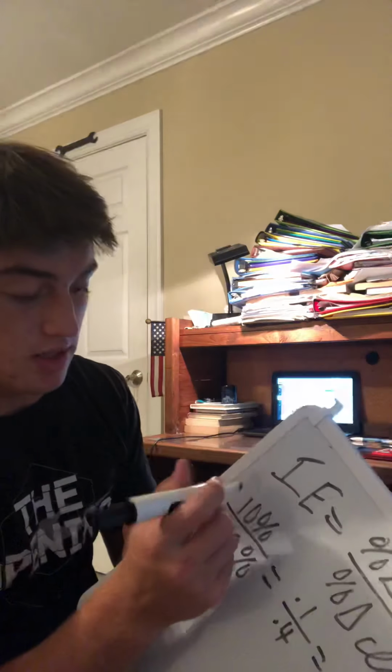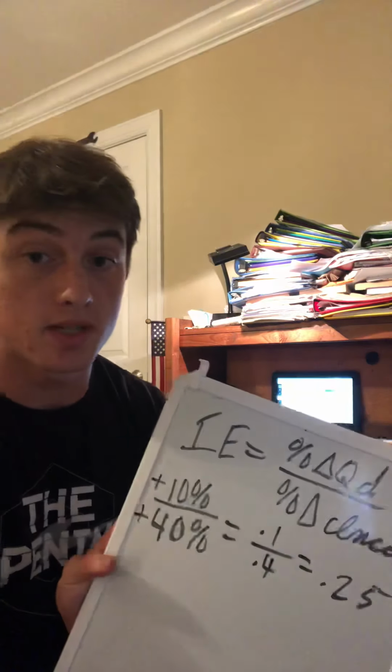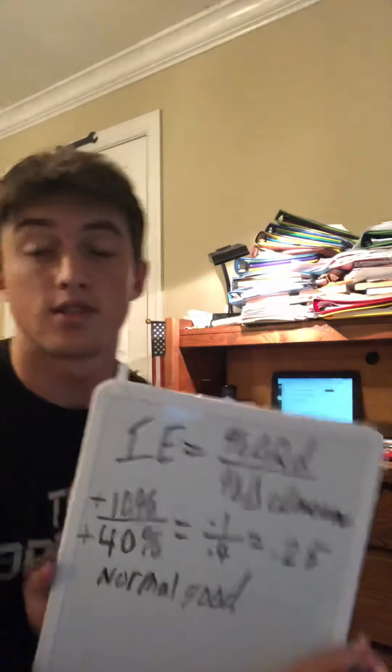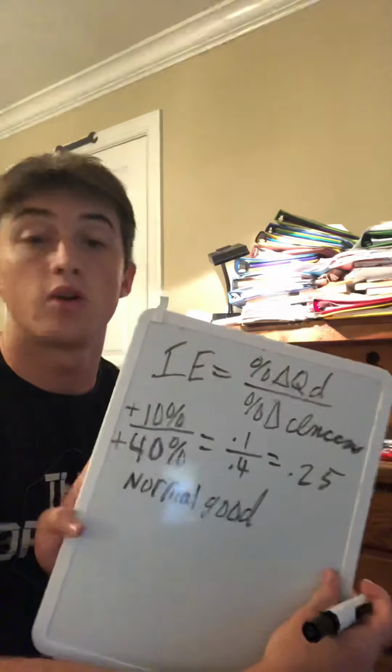Now that we know that, we also know that because both of these are going up, plus 10% and plus 40%, it is a normal good. Because as I'm getting more income, I'm also demanding more of this product. This could also happen if it were negative.